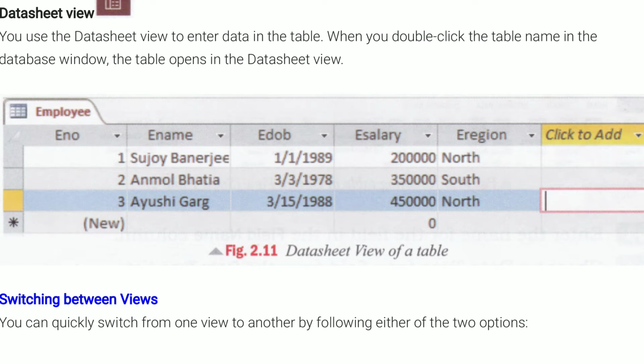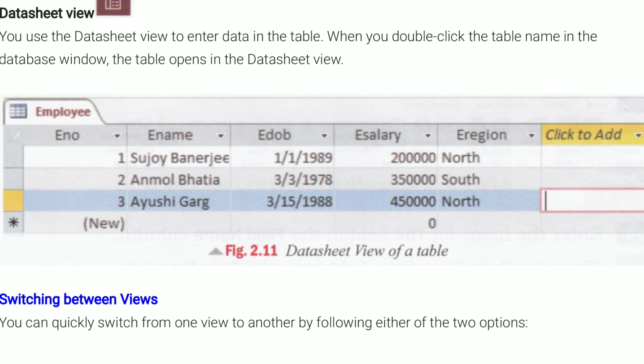As I explained, if we create a table using design view, we have to specify the name of the field, the data type of the field, and we can also set the properties of the field.